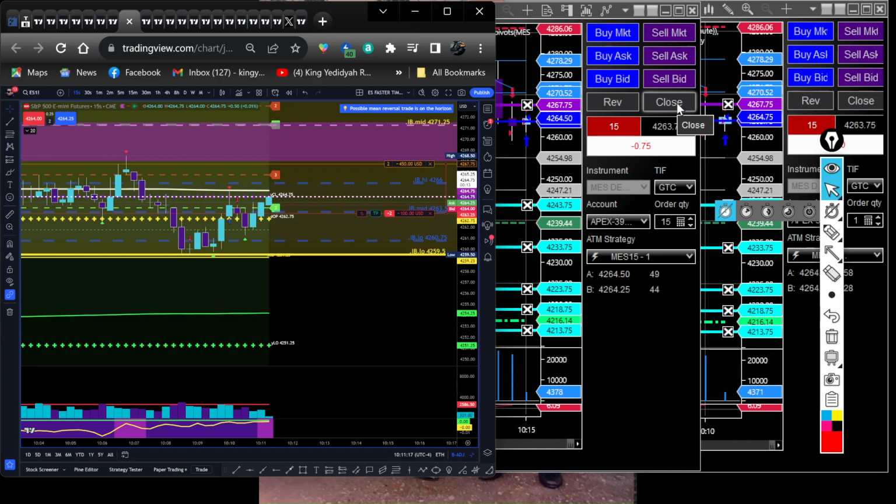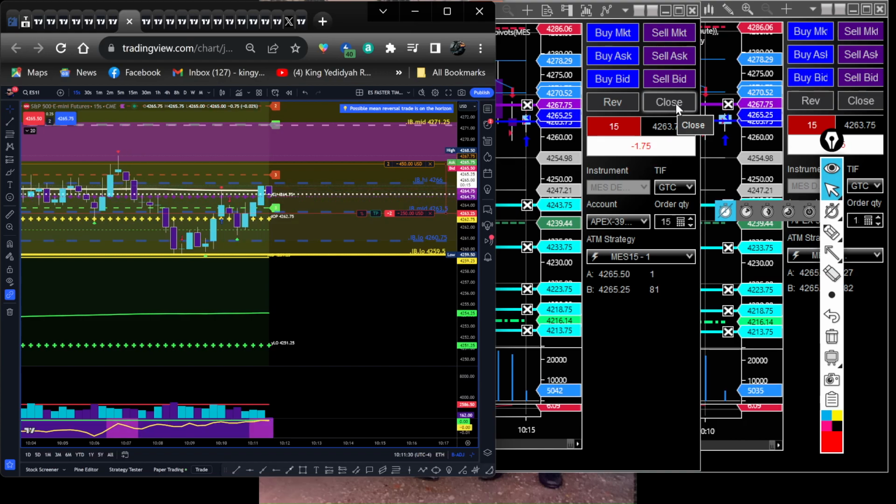Yeah, I'm not getting the momentum to the downside anymore. Right? Hopefully VWAP holds as resistance. It's not looking too good though.